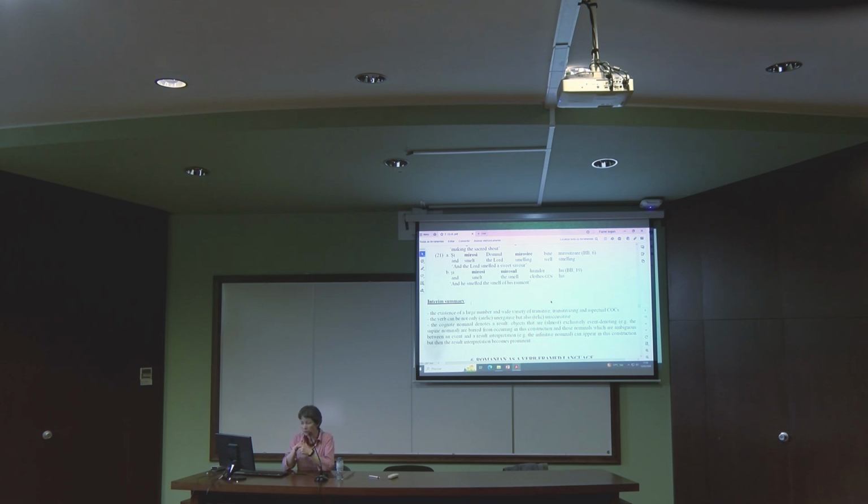The cognate nominal denotes a result. Objects that are almost exclusively event denoting, that is, the supply nominals, are impossible in this construction, and those nominals which are ambiguous between an event and a result interpretation, such as the infinitive nominal, can appear in this construction, but then the result interpretation becomes prominent.